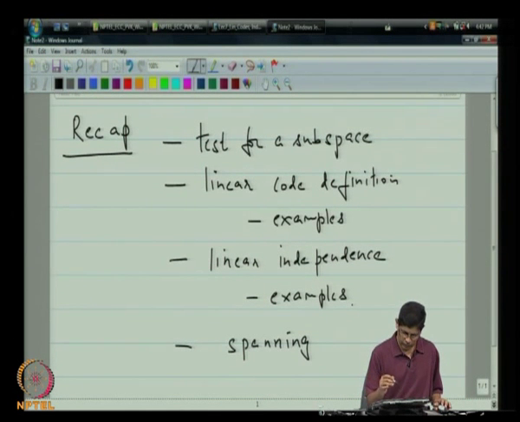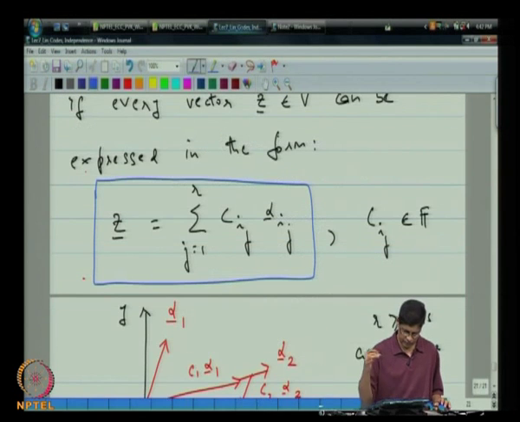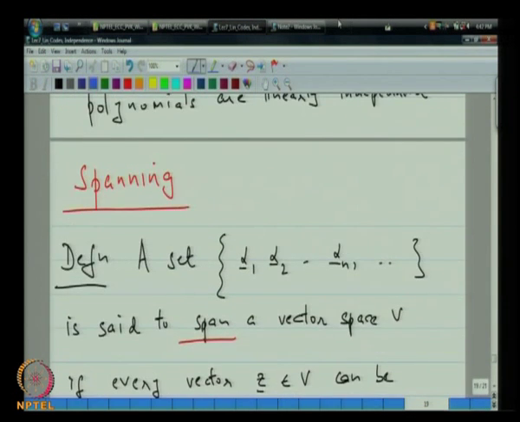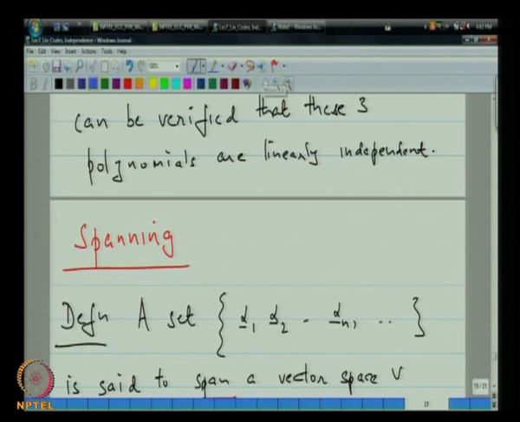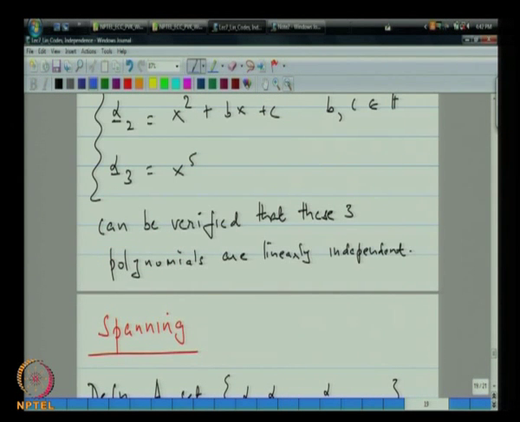So let me just quickly go over our last lecture. I will zoom out, since the intention is just to give a quick overview.